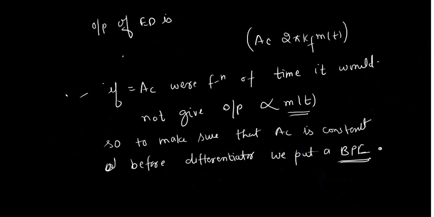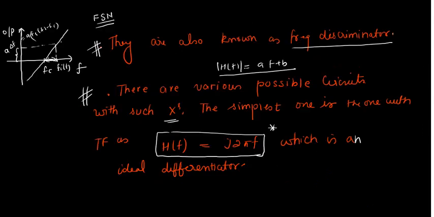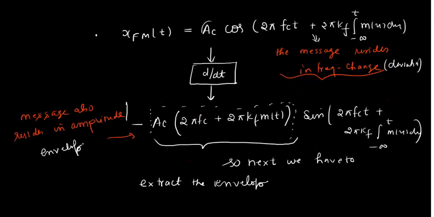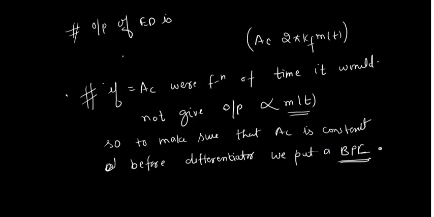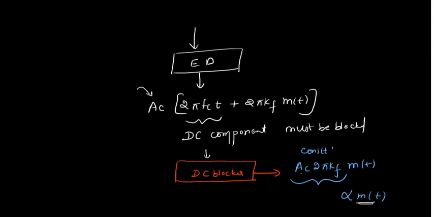Here we have assumed that when we received your FM waveform, there was no distortion in the amplitude Ac of the FM signal. But due to noise and channel there might be some distortion, and if Ac were a function of time, then the output, as you see, is Ac 2π k f m(t).